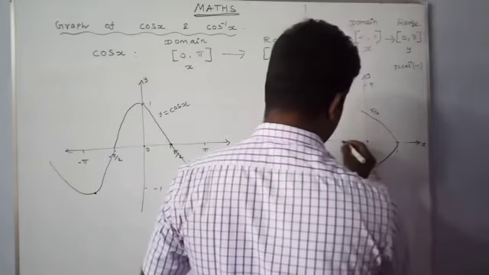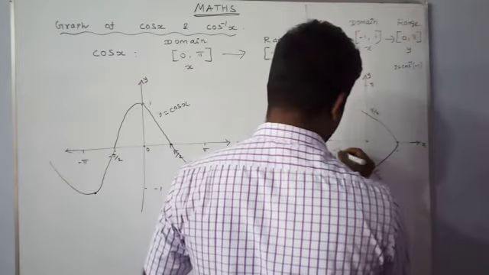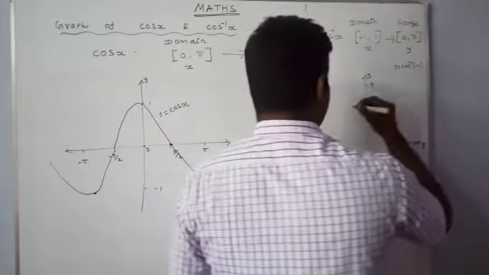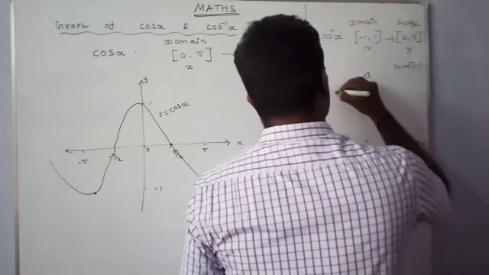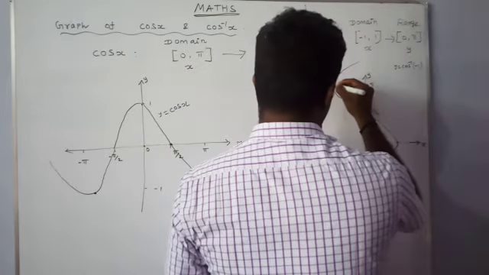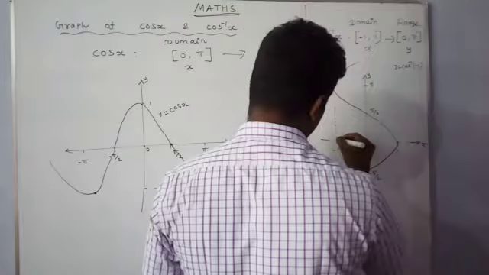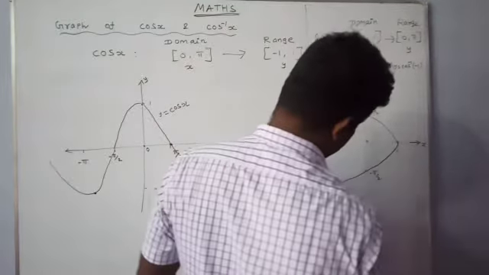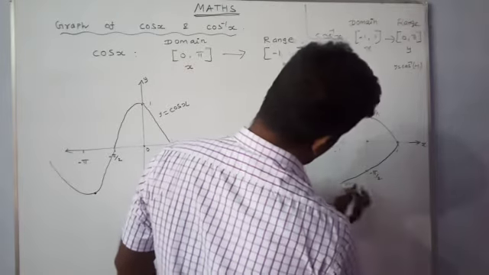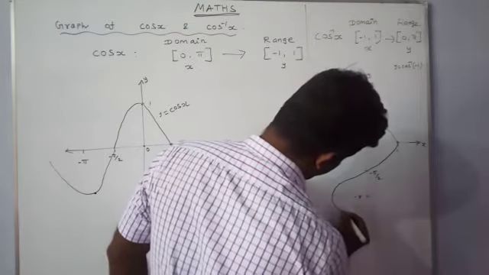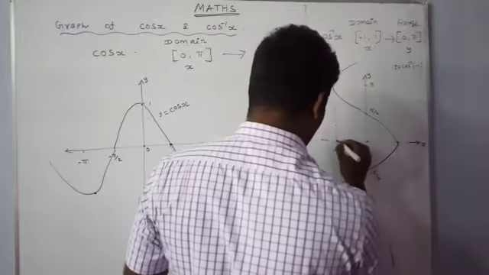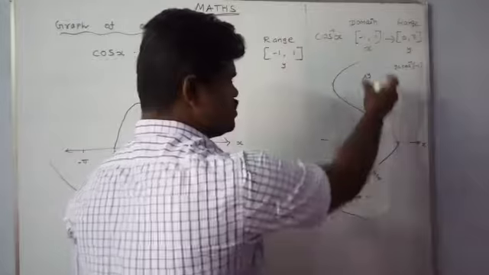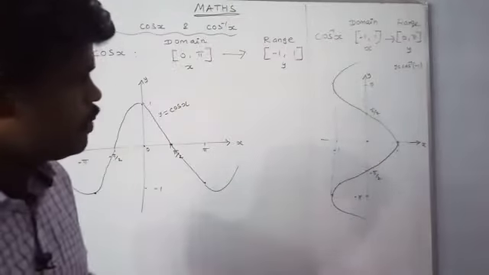Take -1 nearest. Okay, right. So this is the cos inverse x graph.